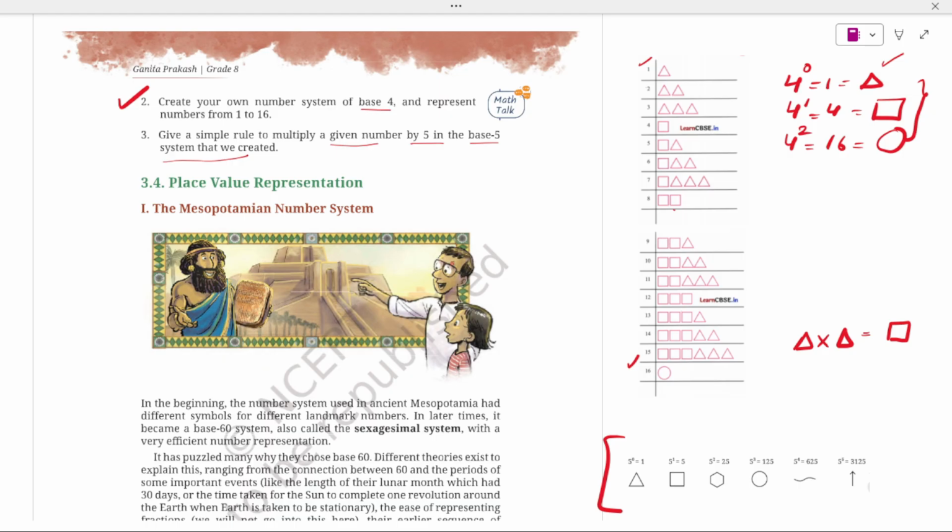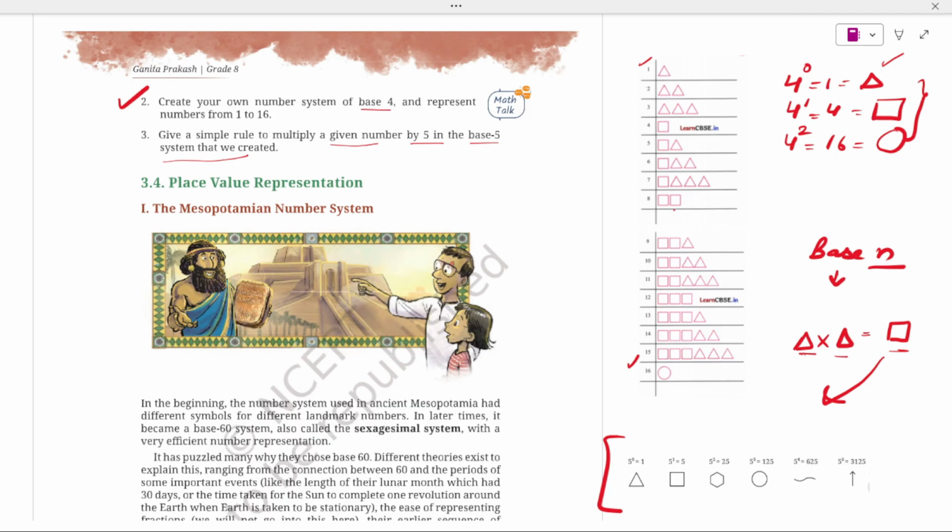This is what we have done earlier, right? In this lecture only, I have already told you at the start that when we multiply two landmark numbers, we get another landmark number. This is applicable for all bases and systems, and it applies here also. When you multiply any of the numbers, you get another number which belongs to the landmark numbers. Clear? That is what they are asking.